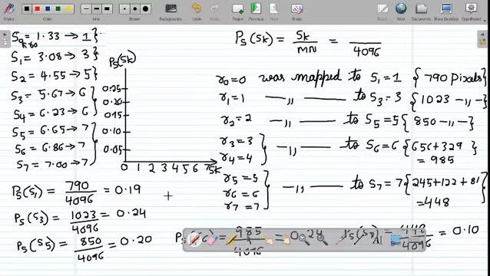Now, there is no S0. Next S1, its probability is 0.19.